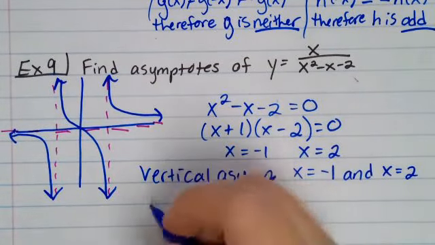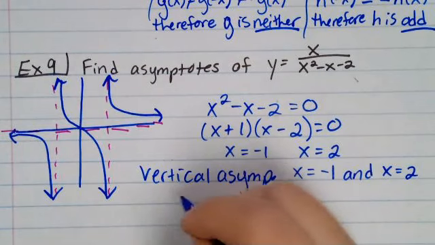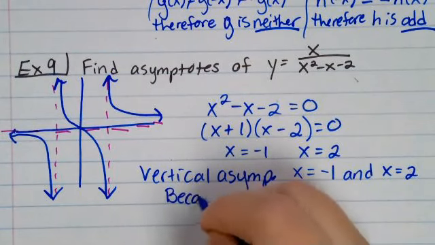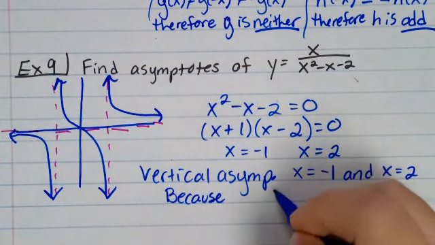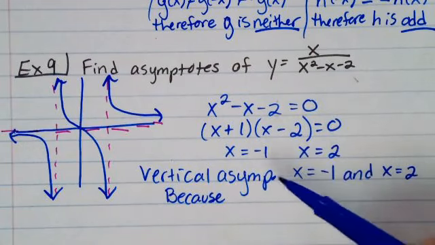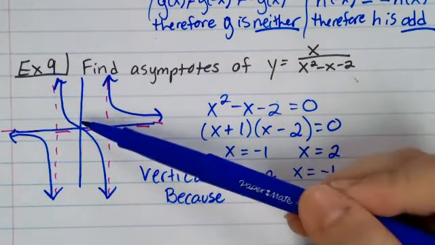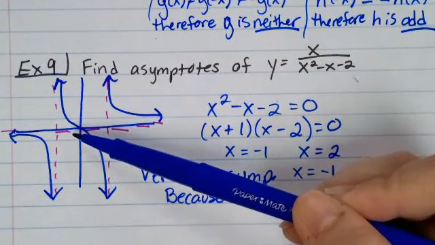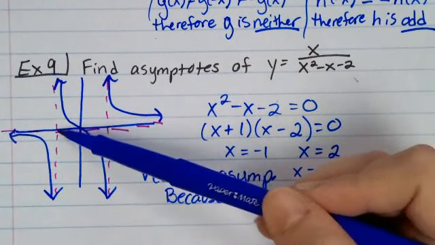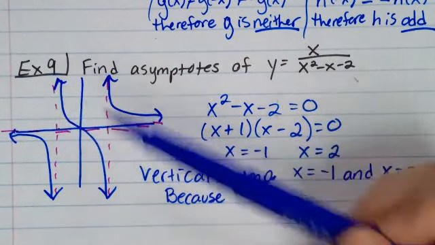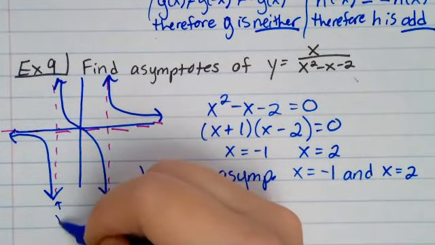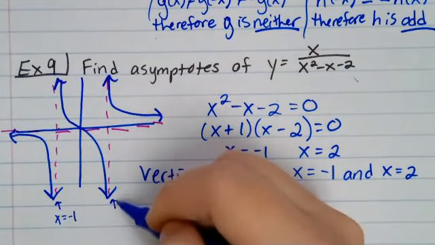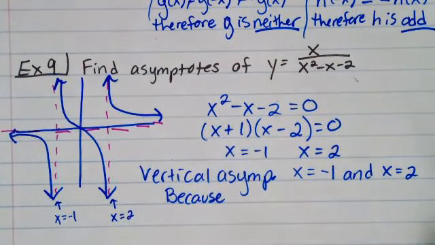Now, the reason is, okay, because as we're looking at this graph, as our x's approach this -1, so look here, this is supposed to be the value x equals -1. Here, this is supposed to be x equals 2, okay?